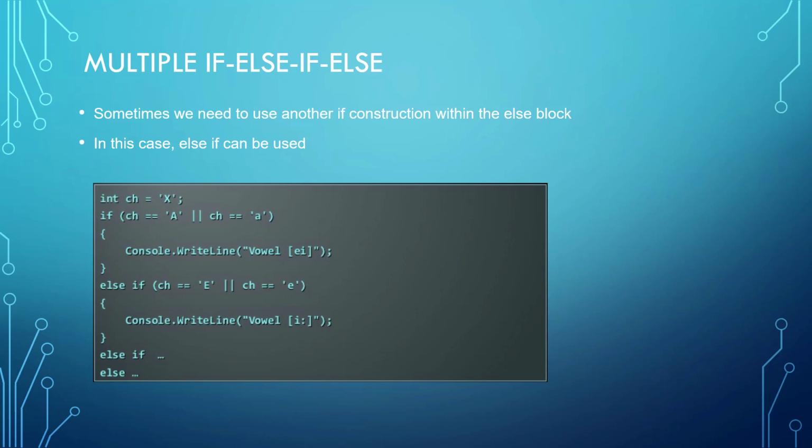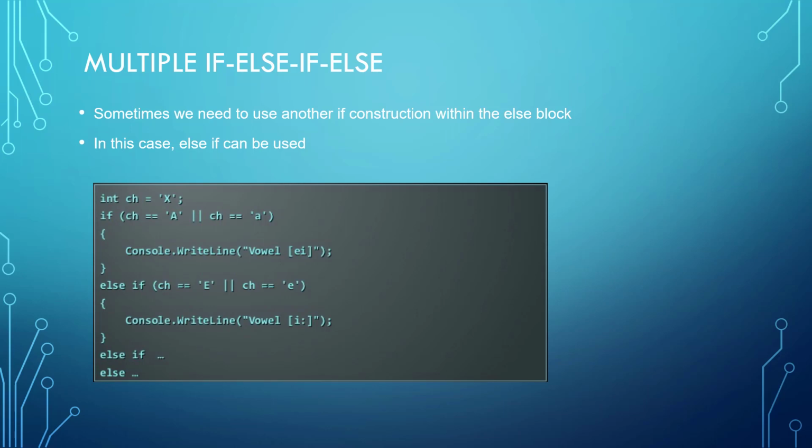And then we can check to see if ch is equal to uppercase A or ch is equal to lowercase a. Well, we know that ch is not equal to uppercase A and ch is not equal to lowercase a. We know it's equal to uppercase X because we just declared it.